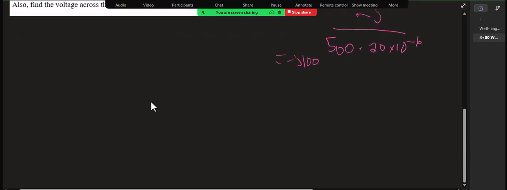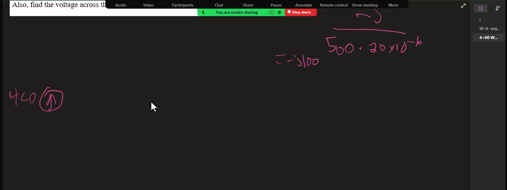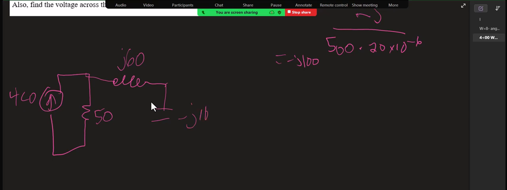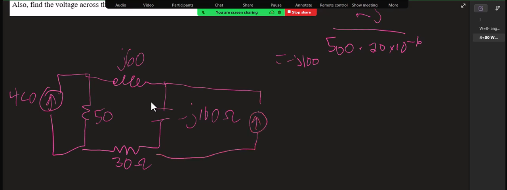So now if we redraw it in the phasor domain, I will have 4 angle 0, 50 ohms, j60 ohms, minus j100 ohms, 30 ohms, and 2 angle negative 90 degrees.